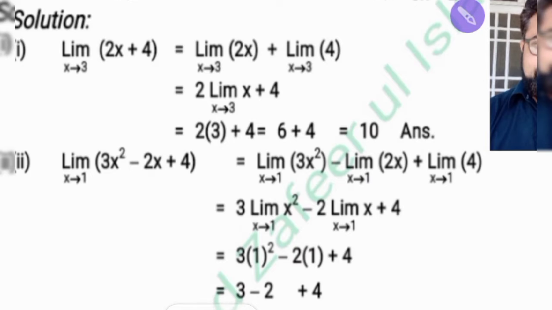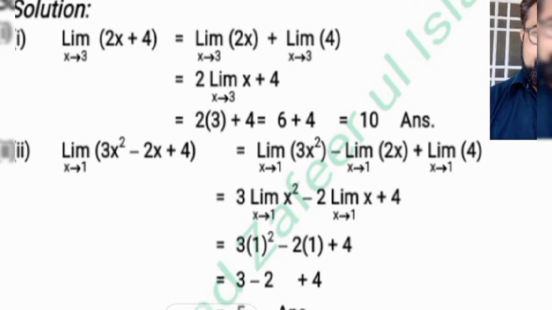Now we have to simplify it. As the value of x is 1, so we will put the value of x, that is 1, and as there is x square, so we will write 1 square, minus 2, and limit x approaches to 1, as there is x, so value of x is 1, so we will put x is equal to 1, plus 4 will be written the same.